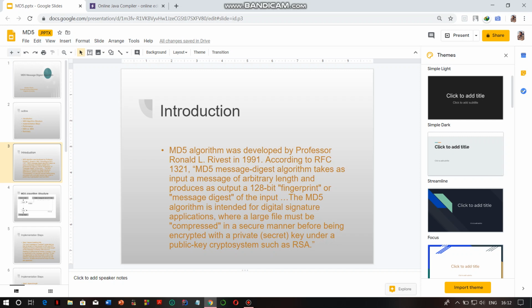According to the RFC, the message digest algorithm takes as input a message of arbitrary length and produces as output a 128-bit fingerprint or message digest of the input. Now, we can all say in layman terms that it is the compressed thing.